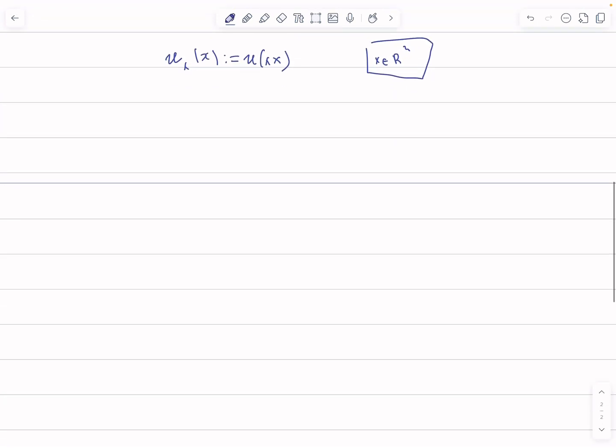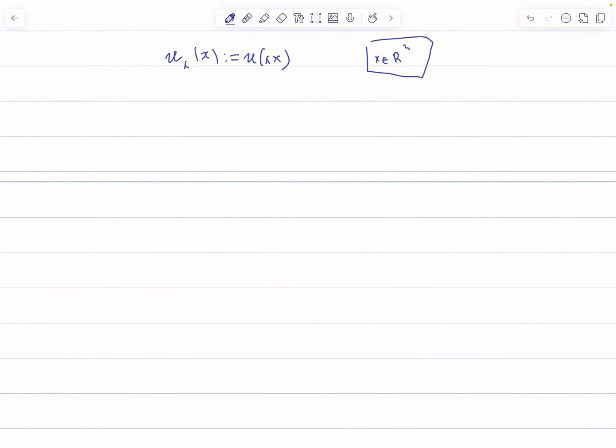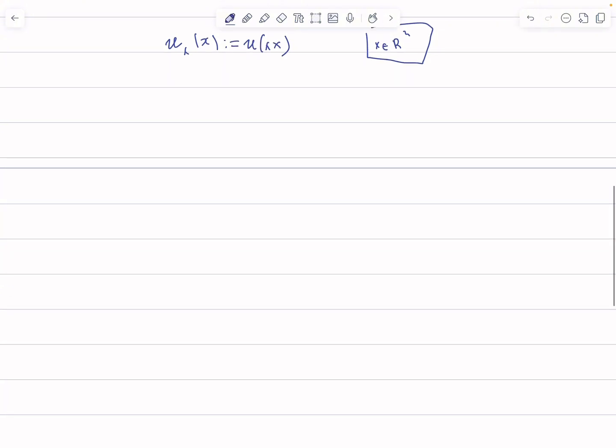Now we apply this scale function u_lambda to the inequality: the norm of u_lambda in L^q(R^n) is less or equal to C times the norm of Du_lambda in L^p(R^n).